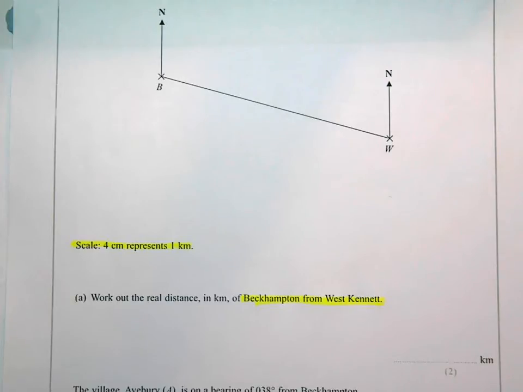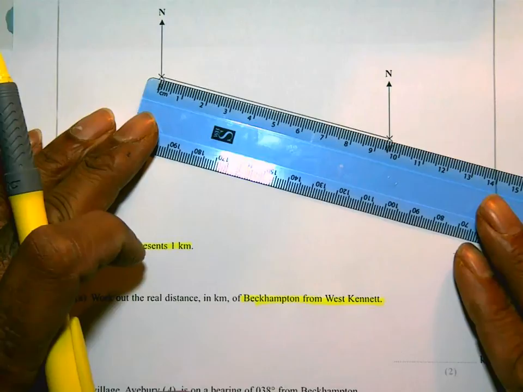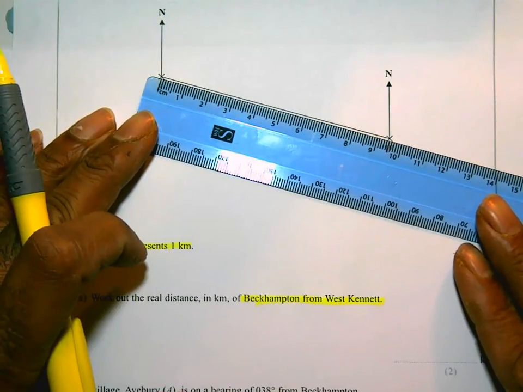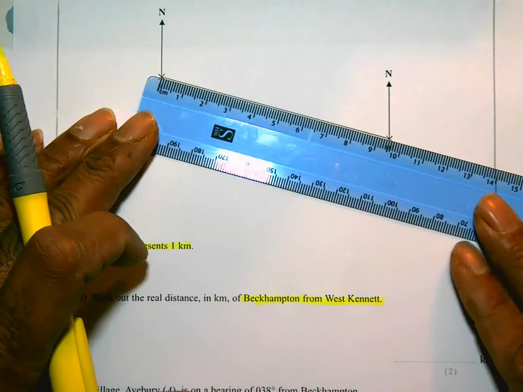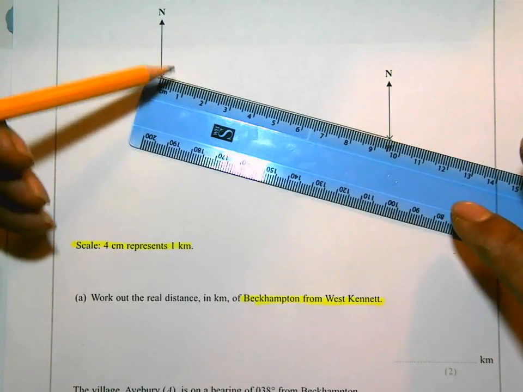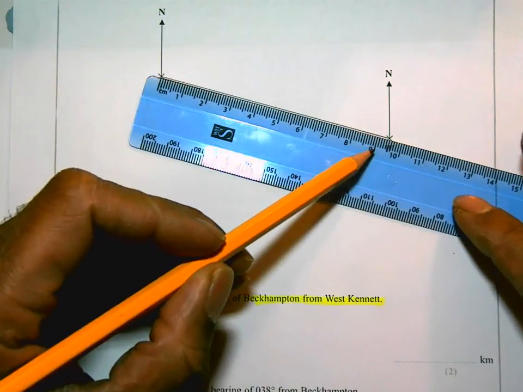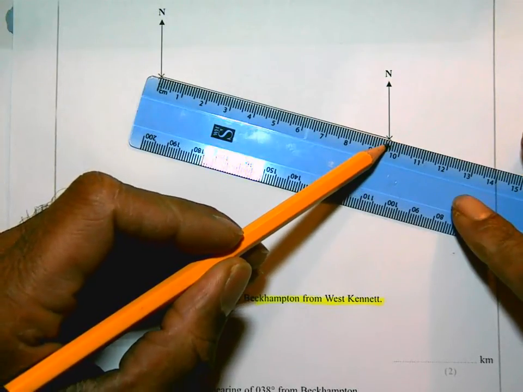So what I'm going to do is measure the distance between these 2 points on the graph. So what have I got here? Think about that carefully. That's 9 and pretty much a half.